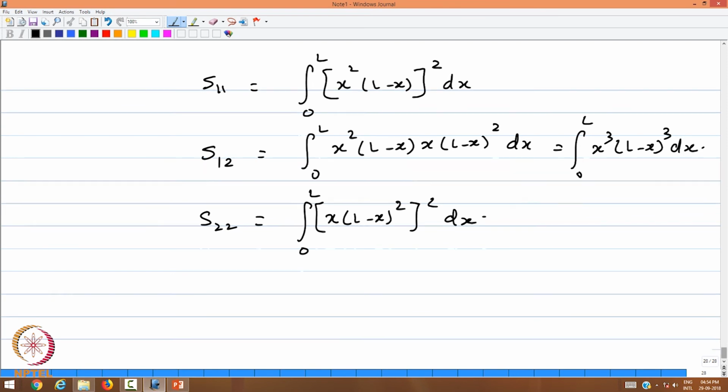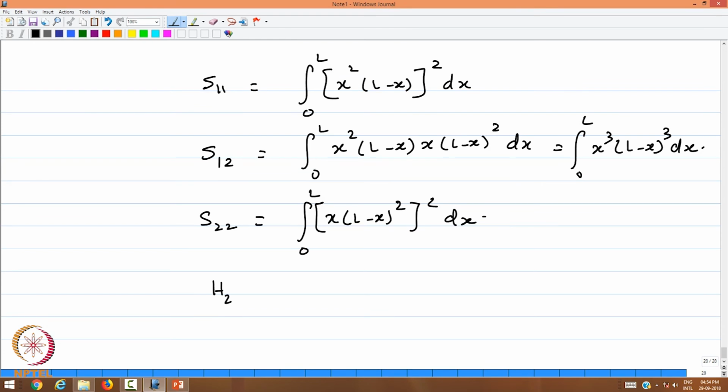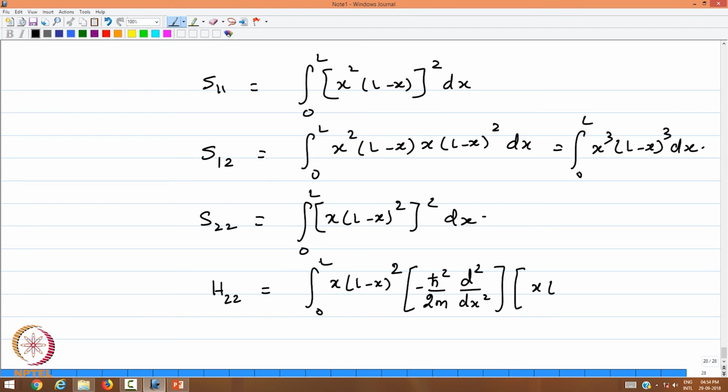I guess we have defined all the integrals that need to be; there is also one more, H22, which is 0 to L x into L minus x whole square times minus h bar square by 2m d square by dx square acting on the function x into L minus x whole square dx.